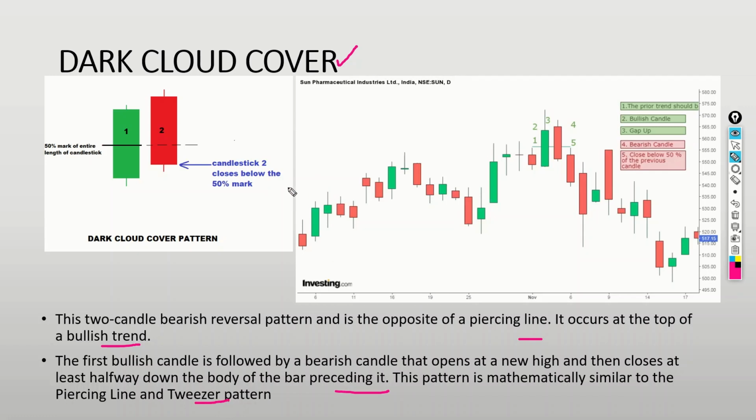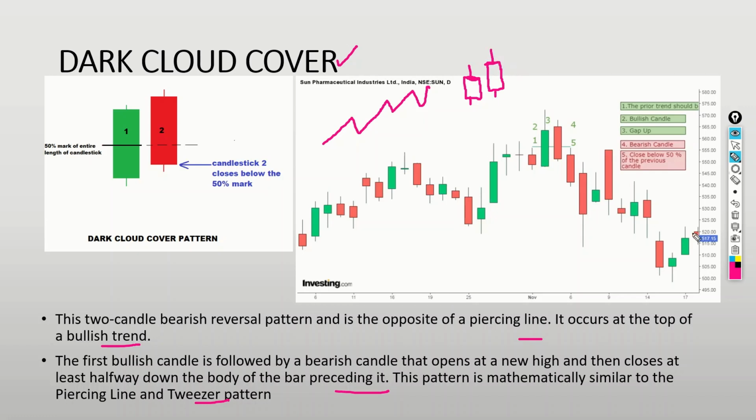So we're saying that the price is moving high. It then forms a bullish candle. Okay, so the bullish candle closes here. So instead of the bear candle opening at this price, it opens a little higher, but then it finally closes at least halfway of the previous candle.